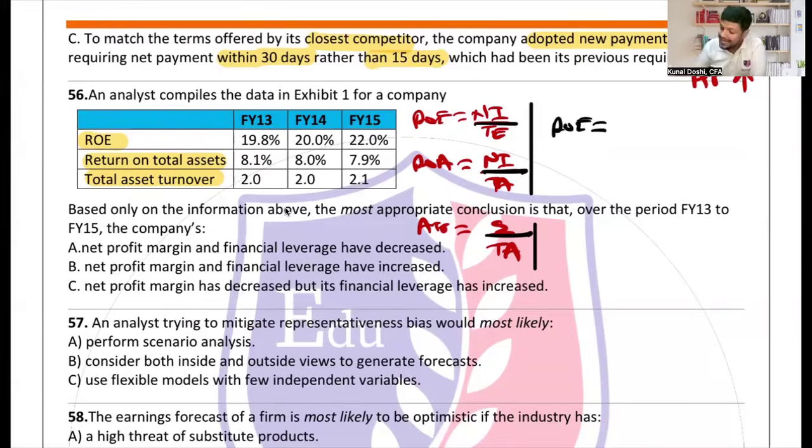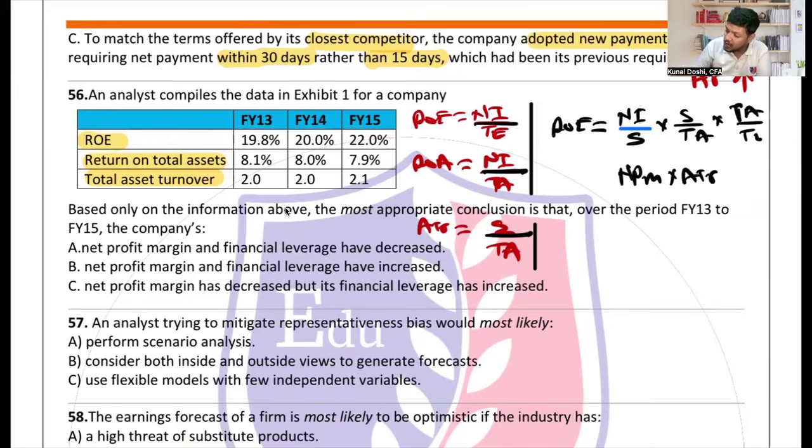DuPont ROE is net income over, let's say if I do sales, this is going to be my net profit margin. Then if I do sales over total assets, this is going to be my asset turnover ratio, into financial leverage, which is total assets over total equity. This is going to be my DuPont ROE.